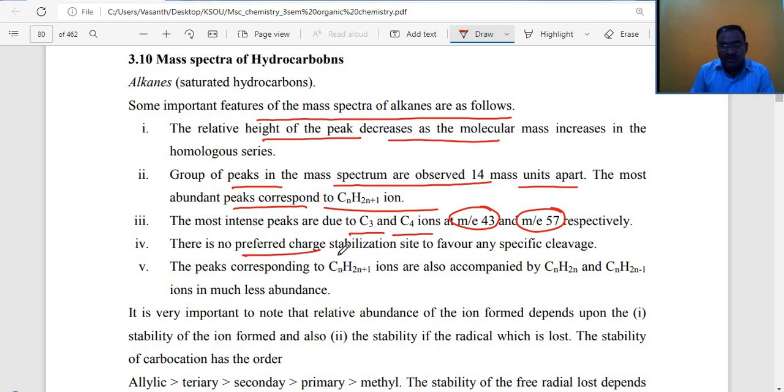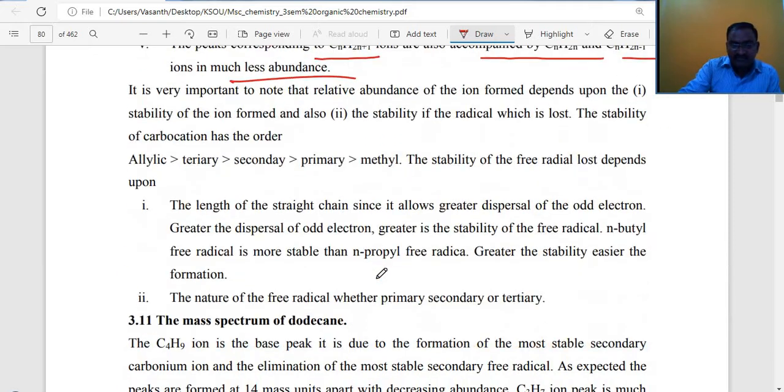There is no preferred charge stabilization site that favors any specific cleavage. The peaks corresponding to CnH2n ions, accompanied by CnH2n-1 and CnH2n-2 ions, must be less abundant. The order they mention here is allylic is greater than tertiary, greater than secondary, primary and methyl.